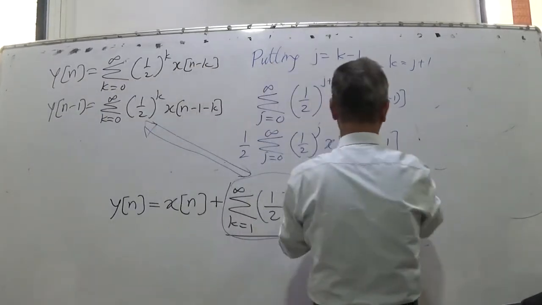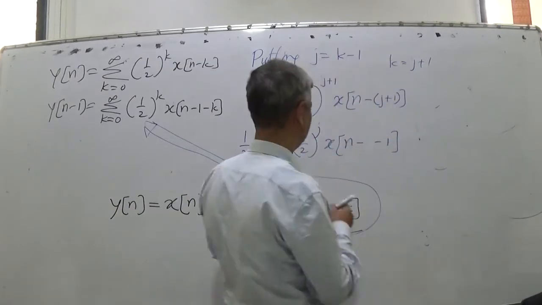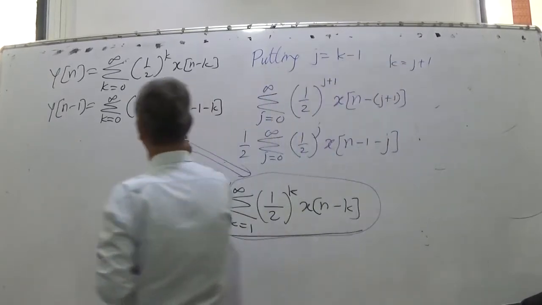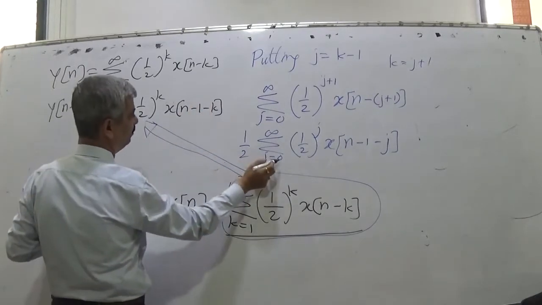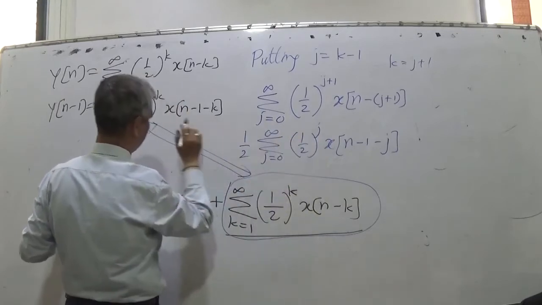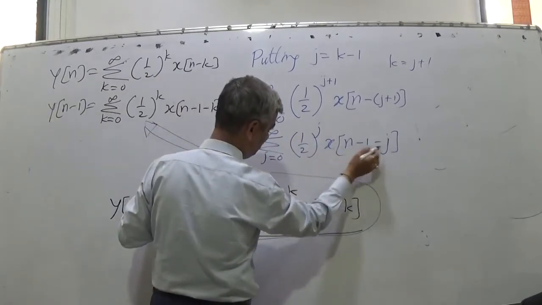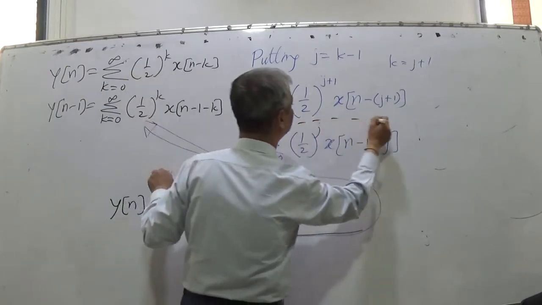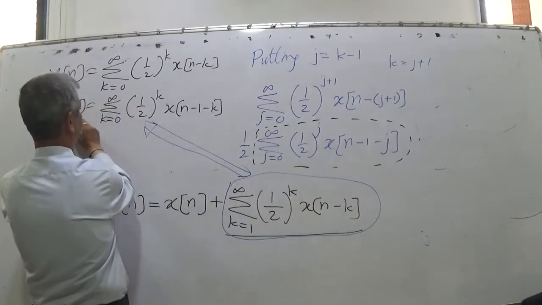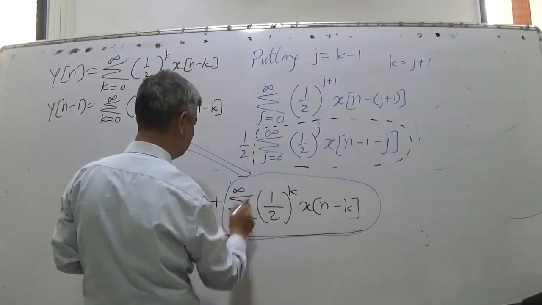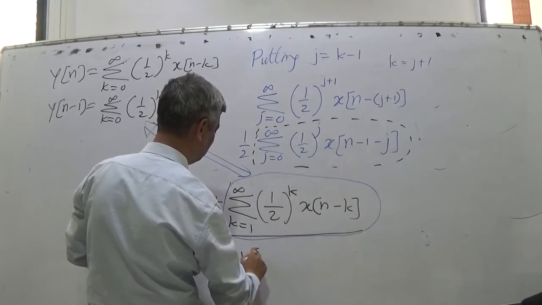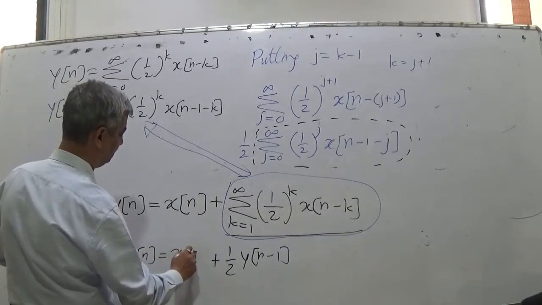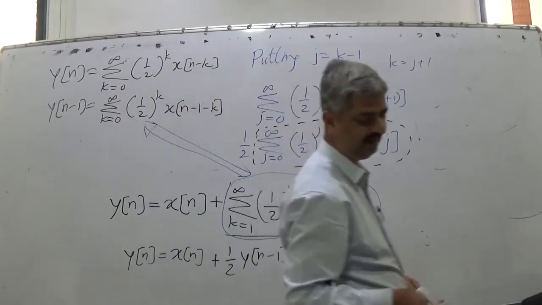Now these two are alike, same index. So this part is equal to this part, so plus half yn minus 1.